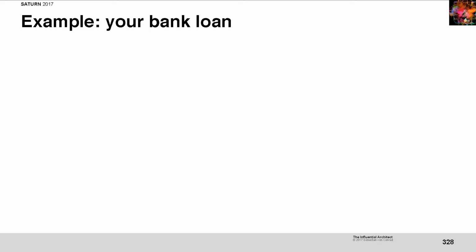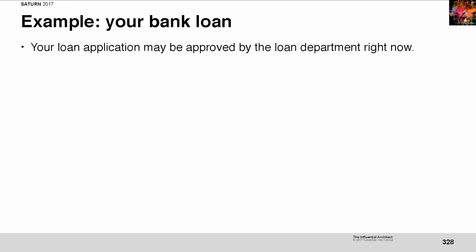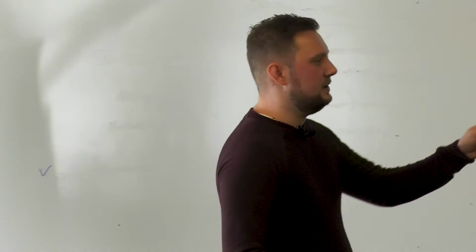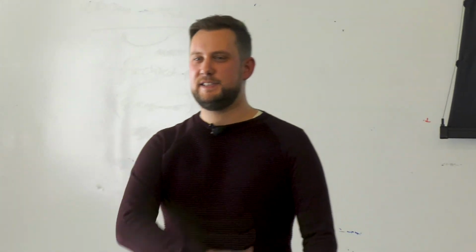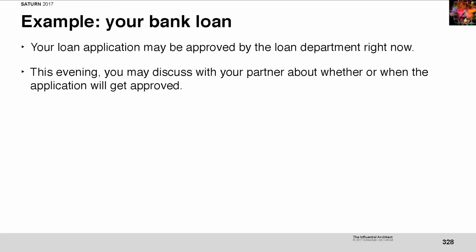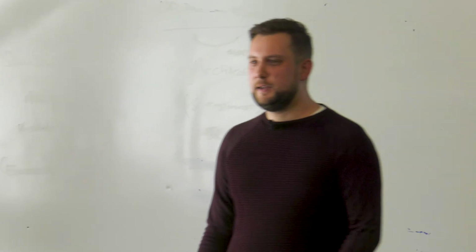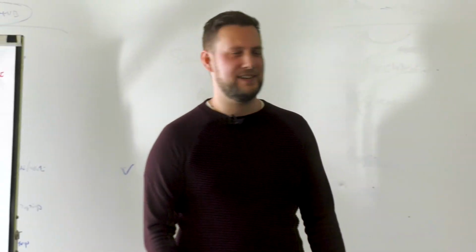Another example, let's say that you've applied for a bank loan, and right as we're sitting here or later this evening, the loan manager at the bank rubber stamps it and says, yes, you're getting the money to buy that new house or car or whatever it might be for. And then this evening you phone up your partner and you talk about, do you think we're going to get the loan approved, or when do you think they're going to let us?